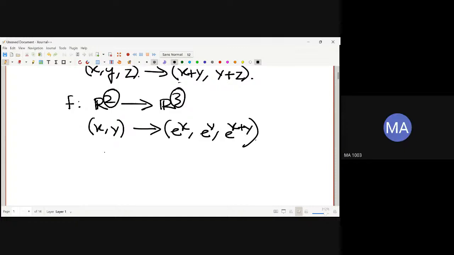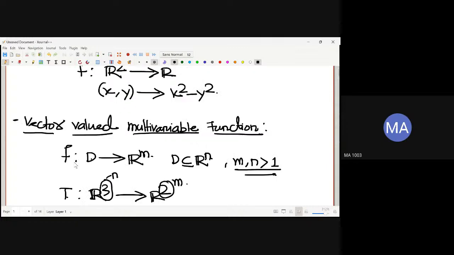So in this course, particularly in weeks 9, 10, and 11, mostly you will deal with scalar valued functions. Dealing with vector valued multivariable functions is slightly trickier as well as more difficult.